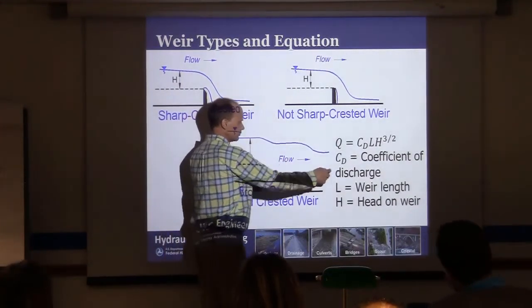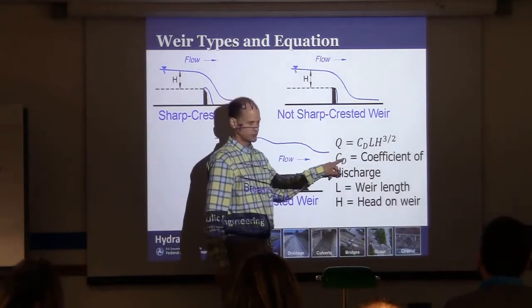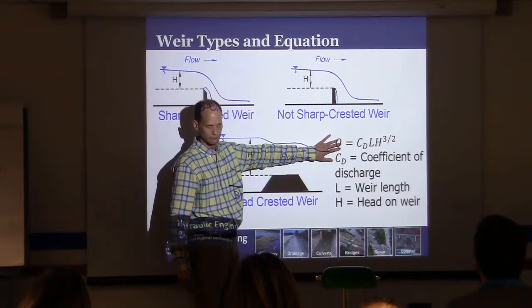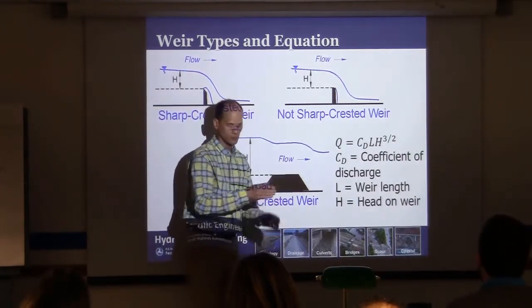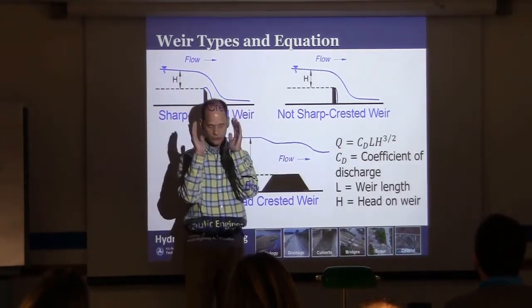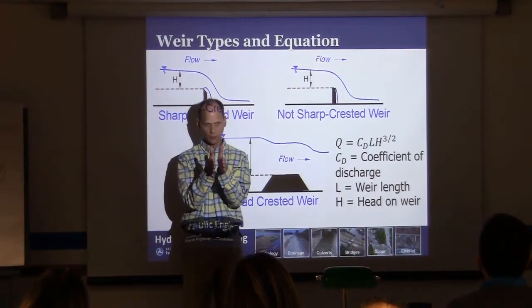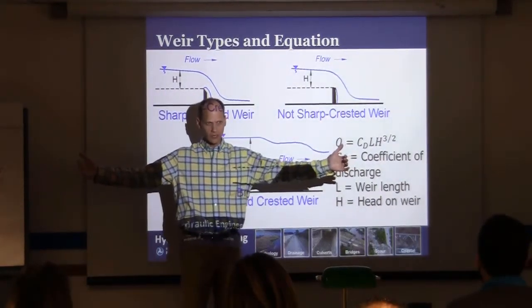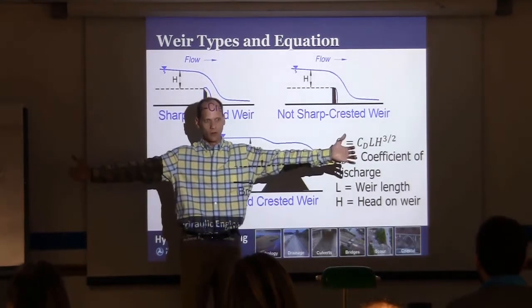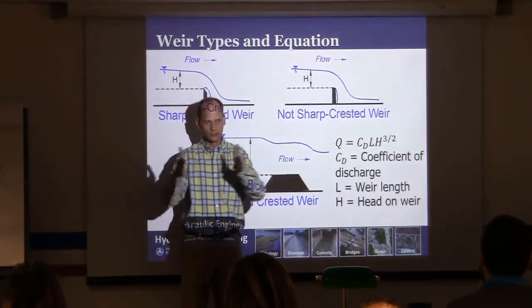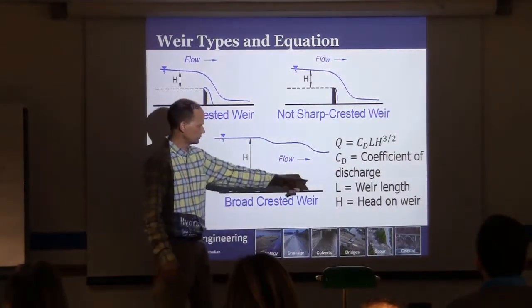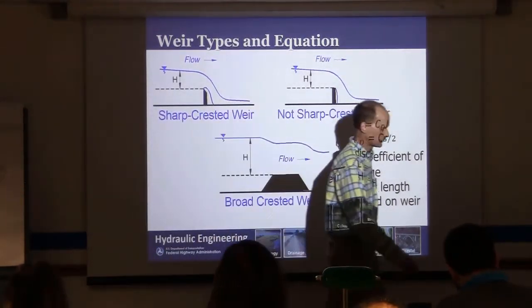If we vary this a little bit, it may change our coefficient of discharge a tiny bit, but it's not going to have a large impact on Q. If flow is going this direction and I go from a 1 foot wide weir to a 1 mile wide weir, which one do you think is passing more flow? The one that's 1 mile wide. So this is the critical dimension, perpendicular to the flow direction. And that's your distance L, your weir length.